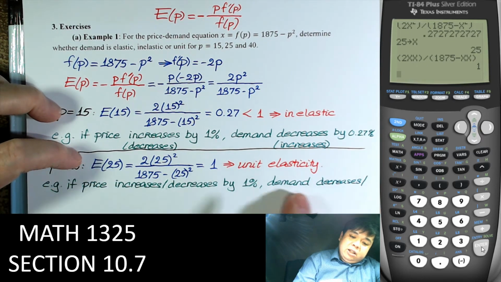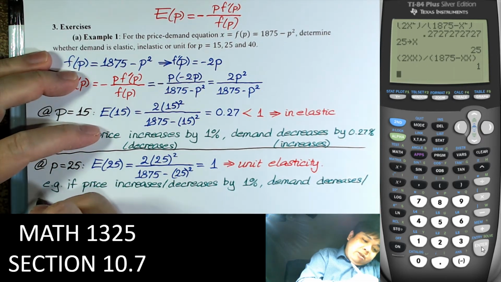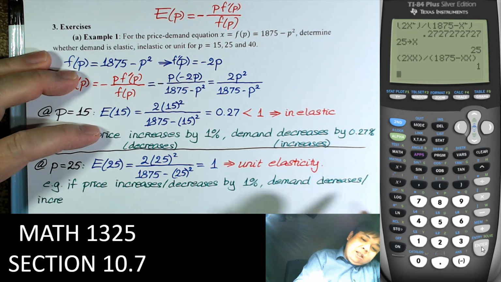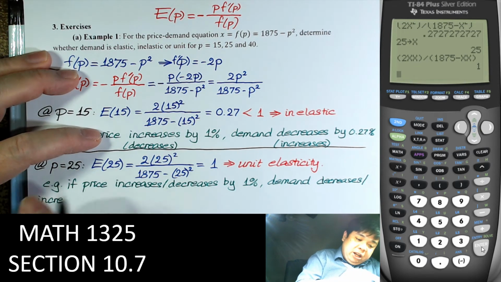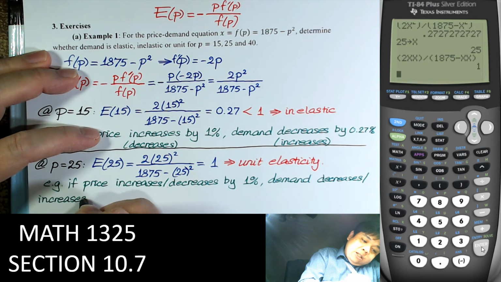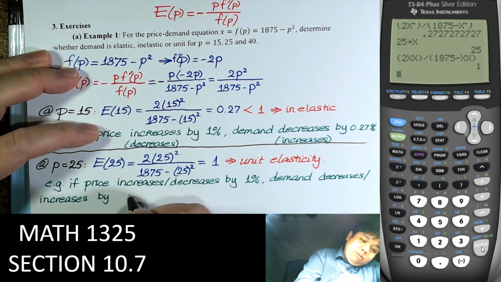Price increase, demand decrease, and price decrease will result in demand increase by 1%.